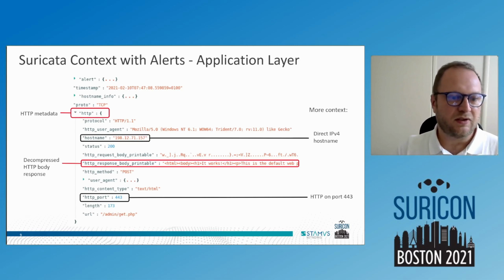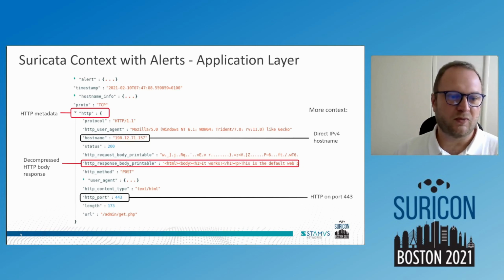This is interesting because a lot of HTTP responses come back to you with compression, so you don't see it in the stream. Getting the body printable, that is the decompressed content, gives you the content that will actually be evaluated by the browser. So it's really valuable when you want to analyze the thing.